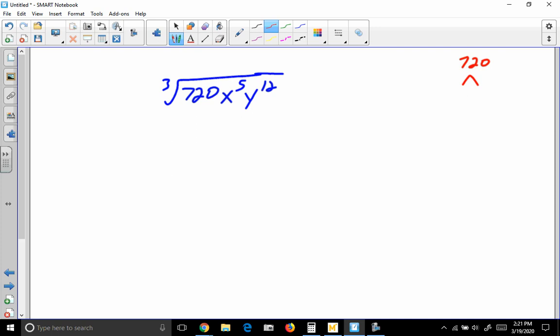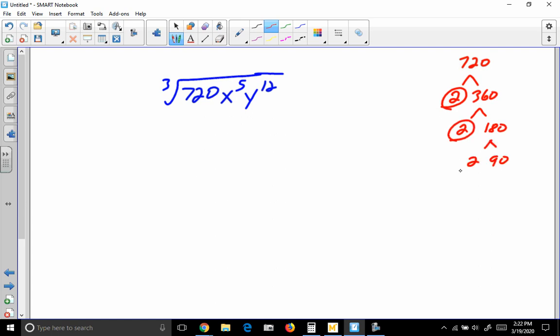If you recognize a factor of 720 that's a perfect cube, you can rewrite 720 as a perfect cube times something else, or we can just completely factor it. 2 goes into 720 360 times. 2 goes into that 180 times.